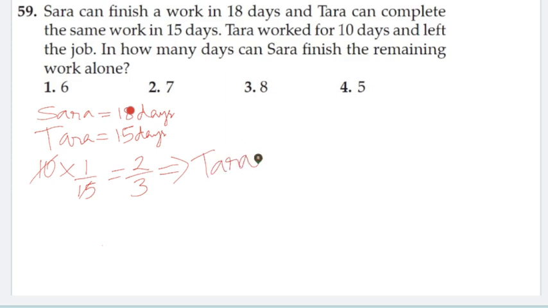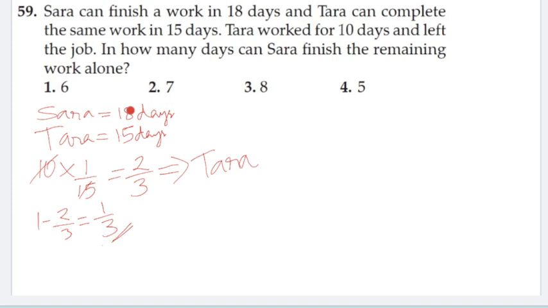Okay, so now what do we have to find out? How much work is remaining? 1 minus 2 by 3. It is 1 by 3 of the work that is remaining.